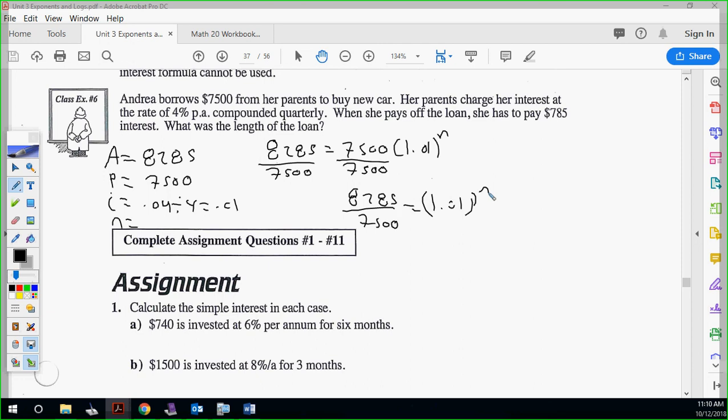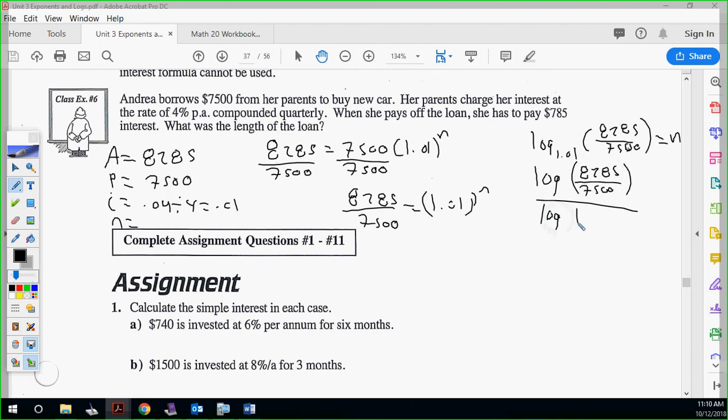So we have log base 1.01 of 8285 over 7500 equals n. And we're going to do the change of base again. Sorry, it's 1.01, that's right.